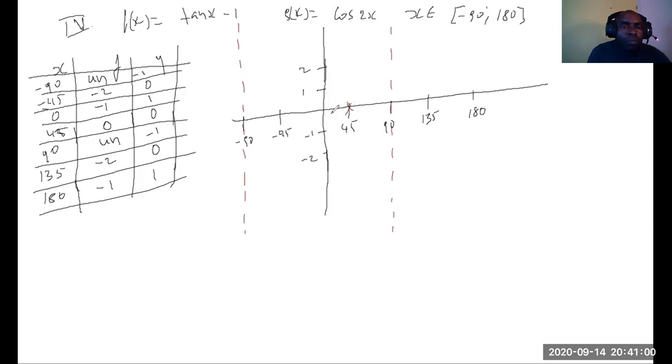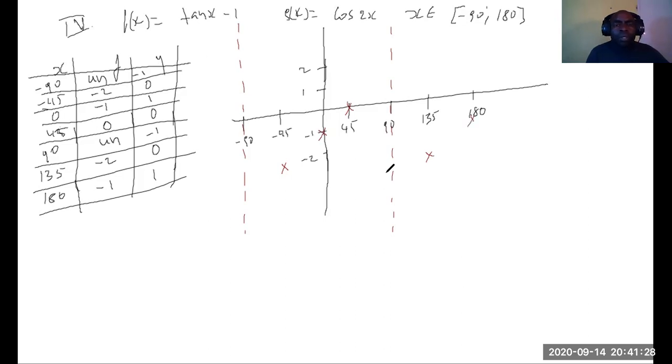I've got -2 at minus 45, negative 1 here, then at 135 negative 2, and at 180 negative 1.